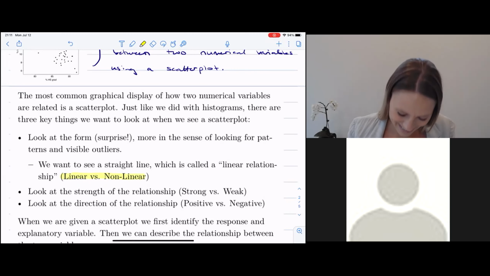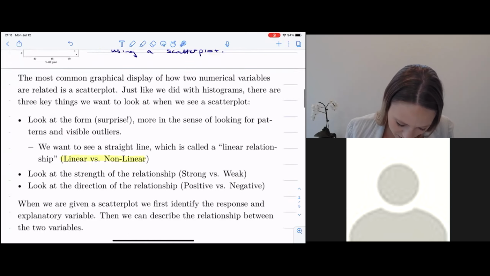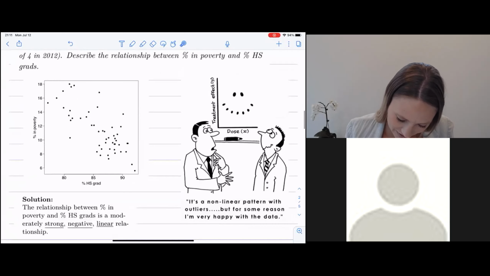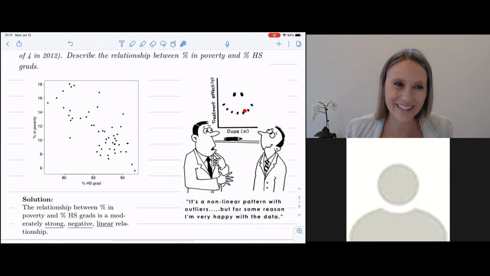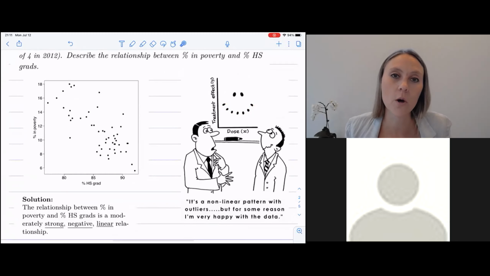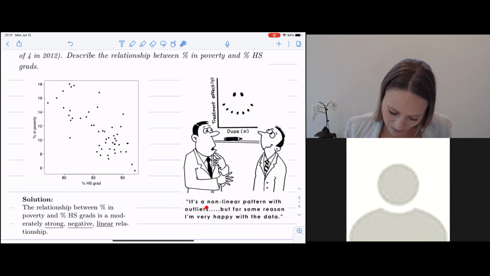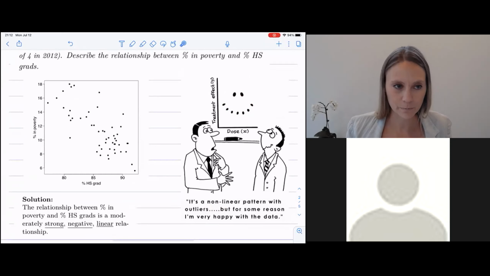And for that, I have this cute little funny down here where, something like this, of course, does not look like a straight line. So already, without knowing anything else, we can see that this is a non-linear pattern. And so it's a non-linear pattern with outliers. So these would be the outliers.